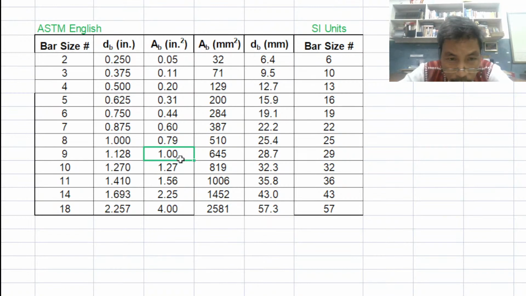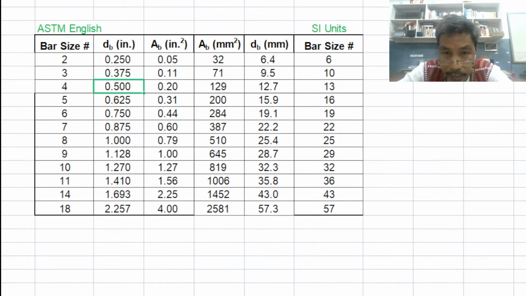But in this bridge, we are using bar number 4. But there are 34 of them. So the area is 0.2 square inch and the diameter is again 0.5 inch.